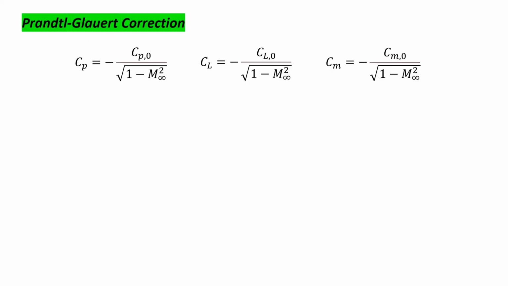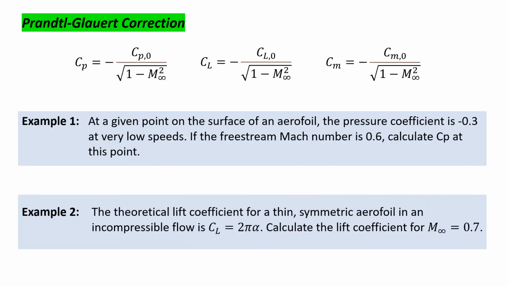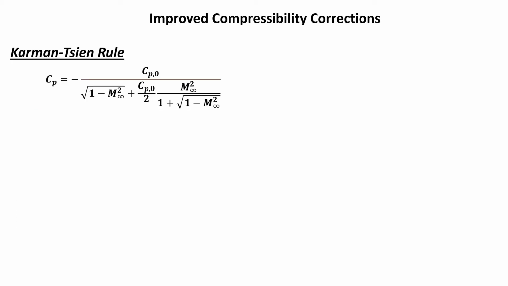Okay, and the Prandtl-Glauert correction can be applied not only to the pressure coefficient, but also to the lift coefficient and the moment coefficient, and they share the same format and correction coefficient. Okay, and here we have two examples, and I'm not doing them here, but you can practice yourself.